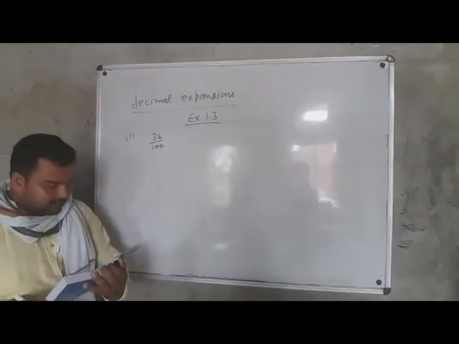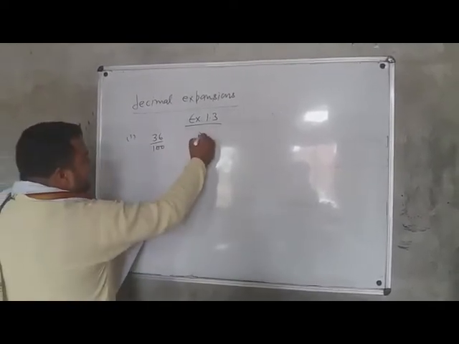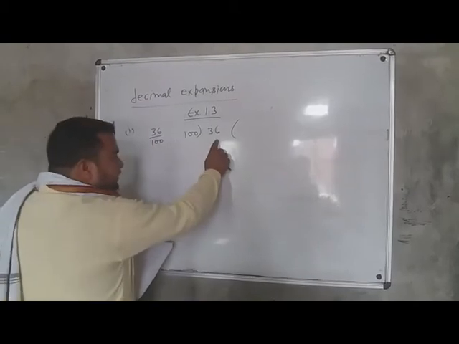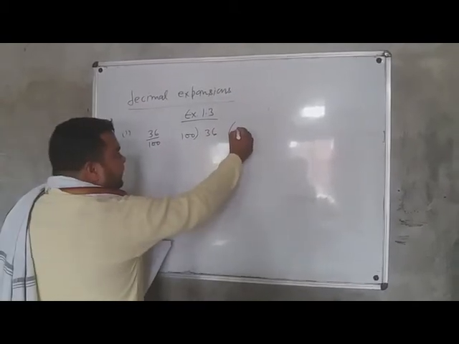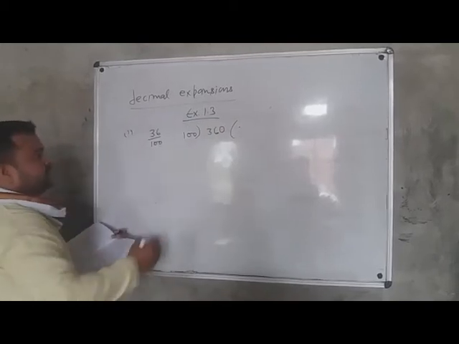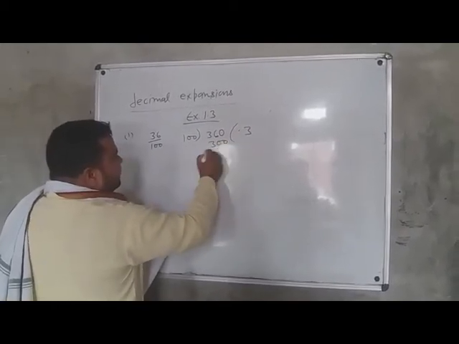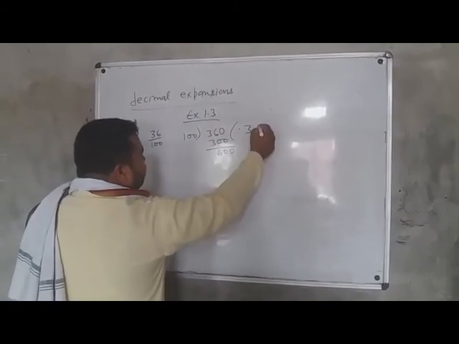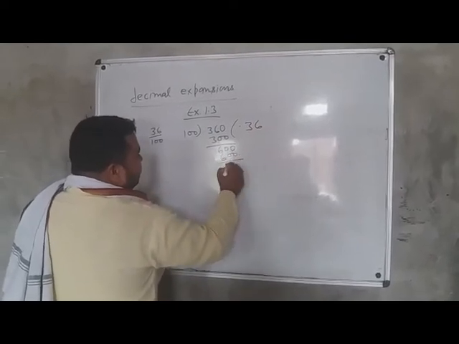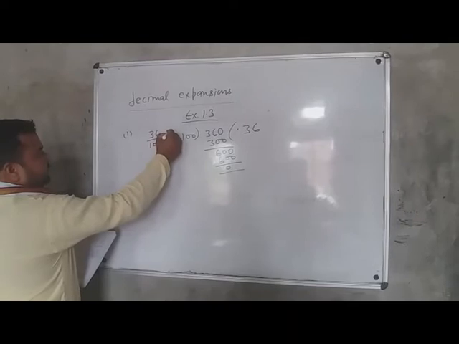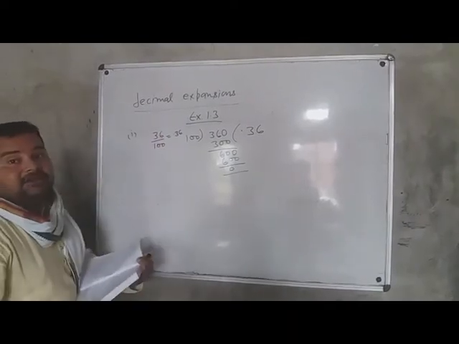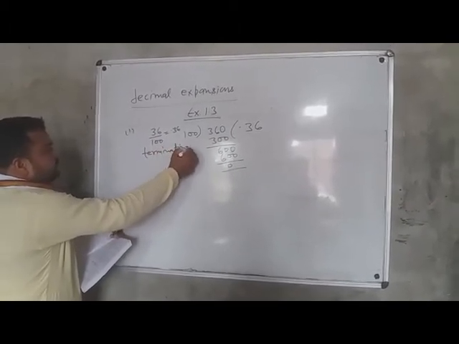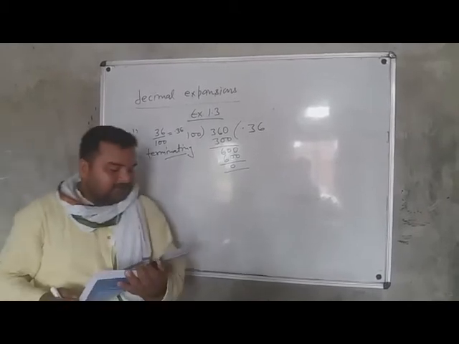It is lesser than 100, so put a point and write 0. 100 3s are 300, now 60 left. Put 0, 100 6s are 600. So the decimal expansion of this number is 0.36, and that is terminating. Similarly, you solve the rest of the questions.